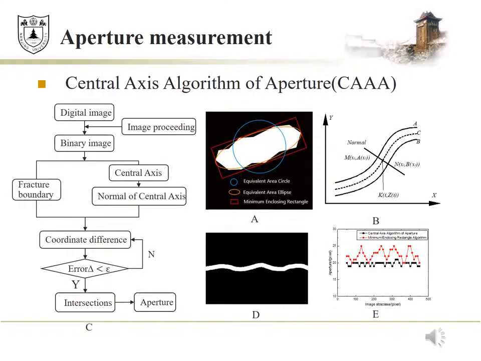Meanwhile, the minimal enclosing rectangle algorithm was used to make a comparison. The results show that the central axis algorithm of aperture is reliable and more accurate than the minimal enclosing rectangle algorithm, and can be used to measure the fracture aperture in the following study.